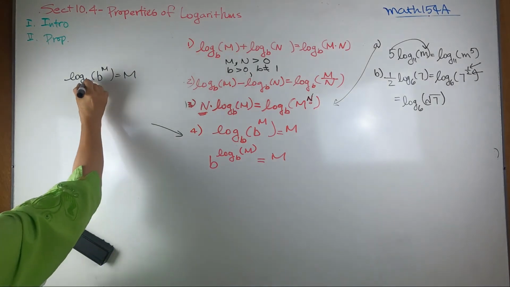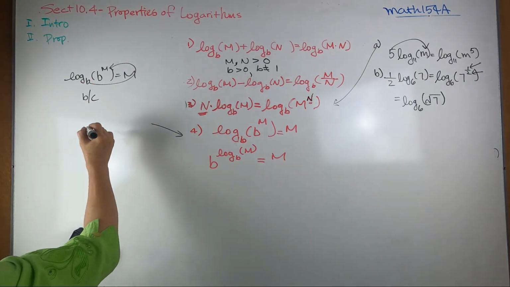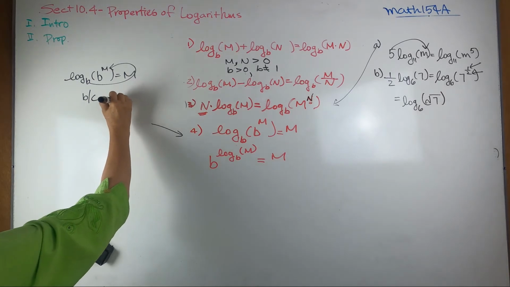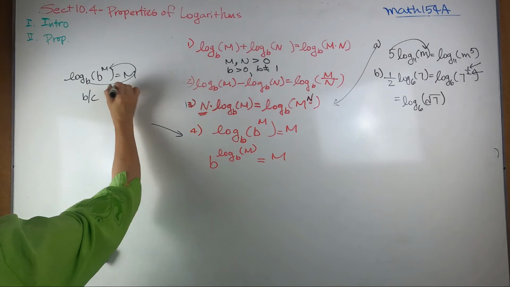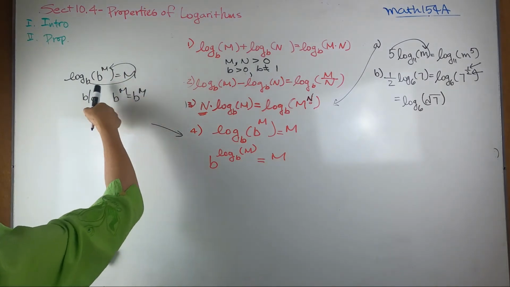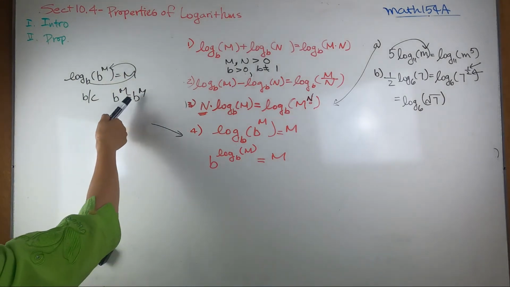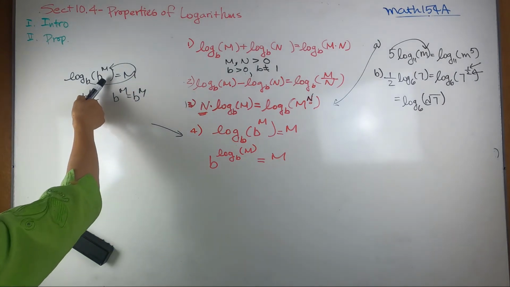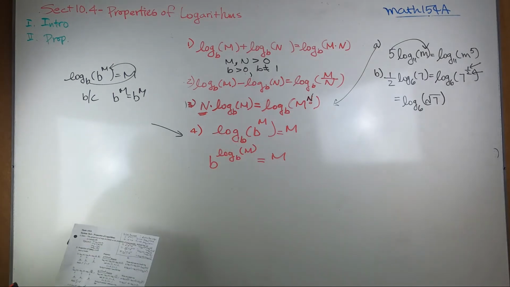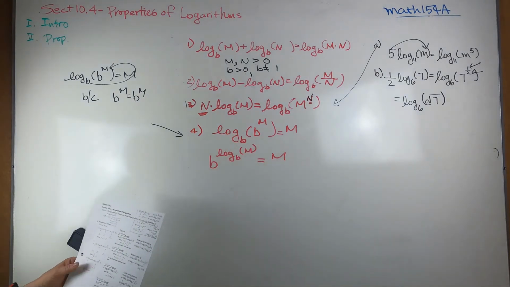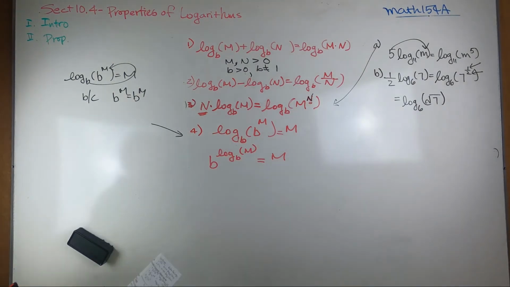Because if you hook it, that means I use base b, b to the n power should be inside, b to the n. Are they the same? They are the same. So if I convert this one back to log, it should look like this. Okay? That means that. So what does that really mean?